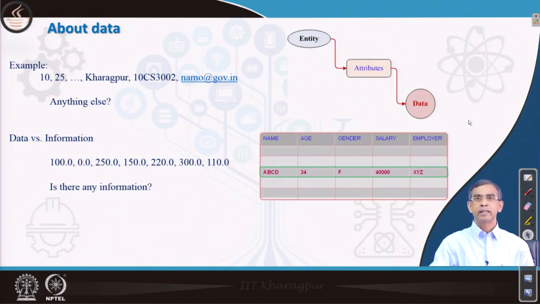Sometimes there is a set of data belonging to the same category. For example, as we see here, we have listed a few data, floating point numbers: 100, 250, 150, 220, 300, 110.